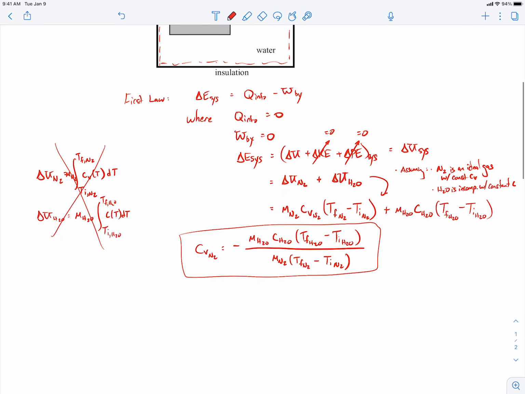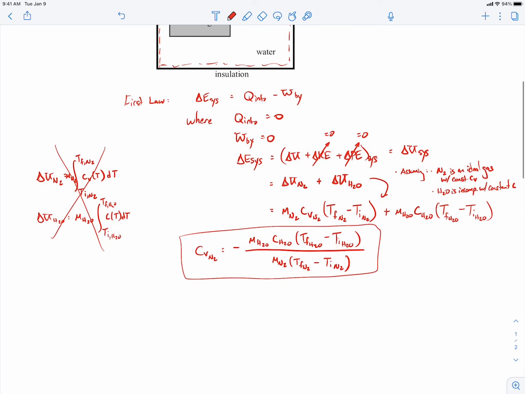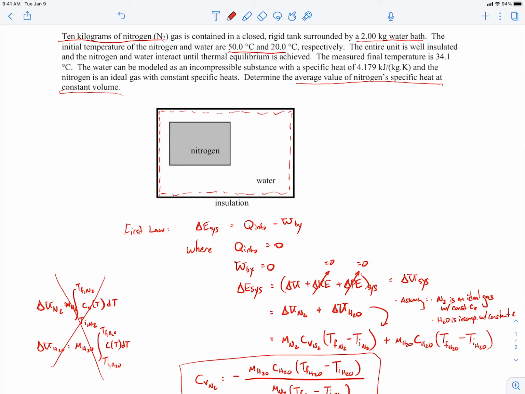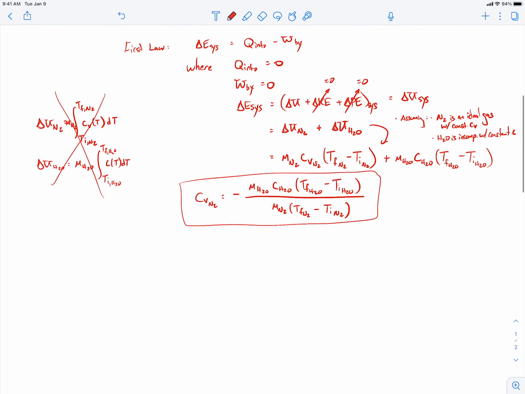Okay, so now I'm at a point where I can start plugging in numbers. We're told that the mass of the water is 2 kilograms. The mass of the nitrogen is 10 kilograms. We're told the initial temperatures of the water and nitrogen, and the final temperature of both the nitrogen and the water is given as well. So let's write those down just to be complete. Mass of the water is 2 kilograms.